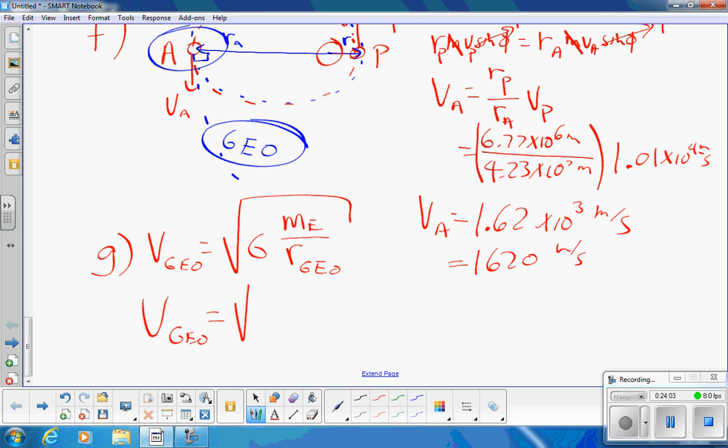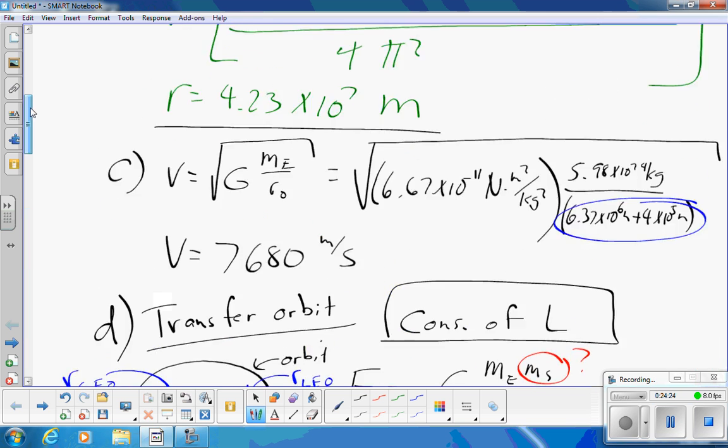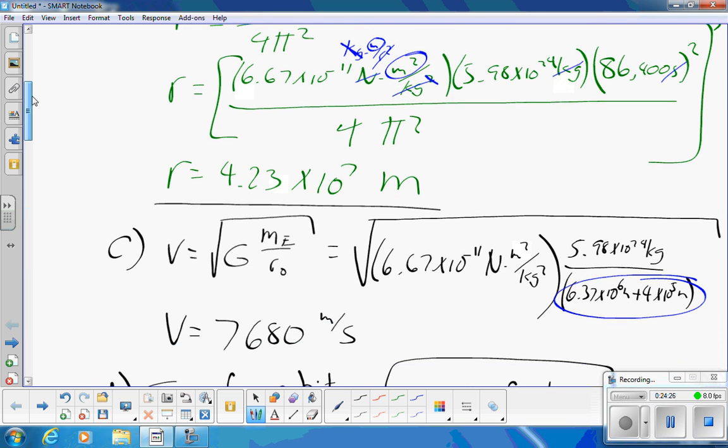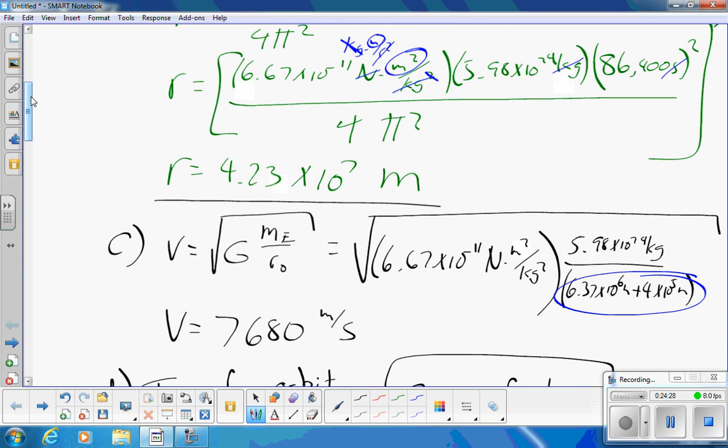And that is the square root of 6.67 times 10 to the minus 11, all that fun stuff, times mass of Earth, 5.98 times 10 to the 24 kilograms, all divided by radius at geo, which is 4.23 times 10 to the 7 meters.